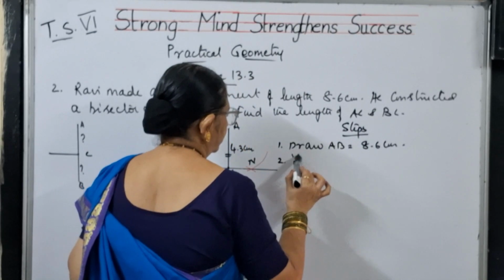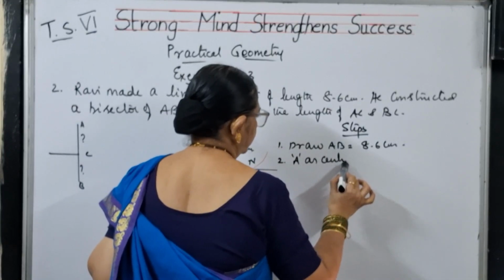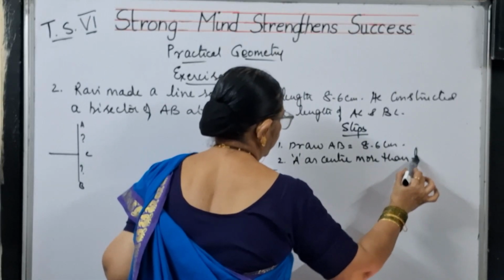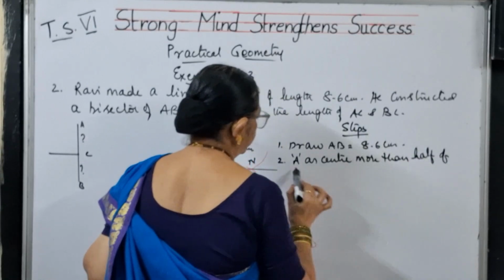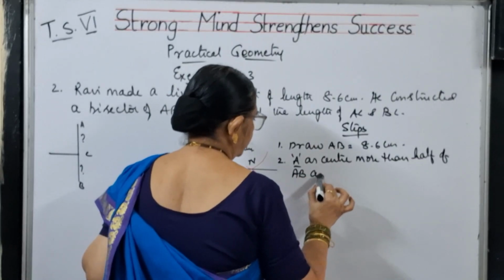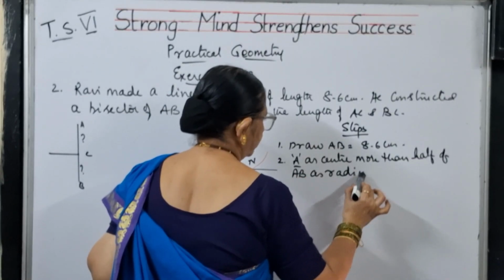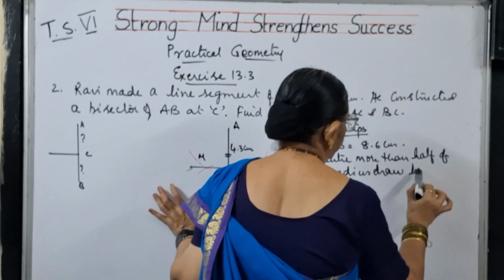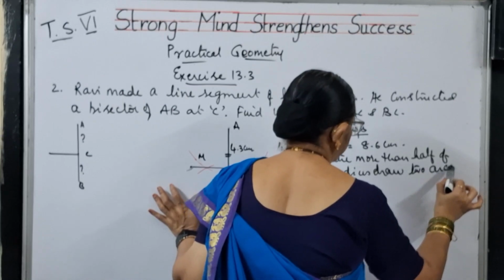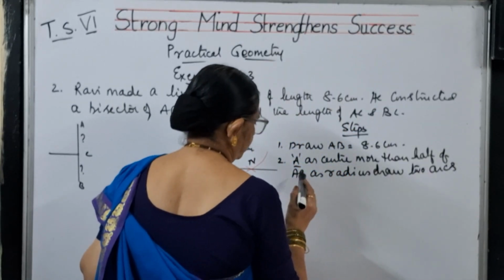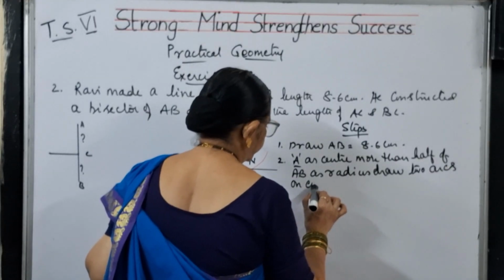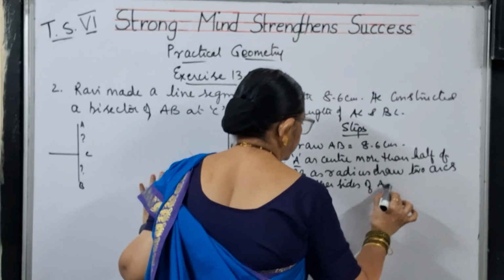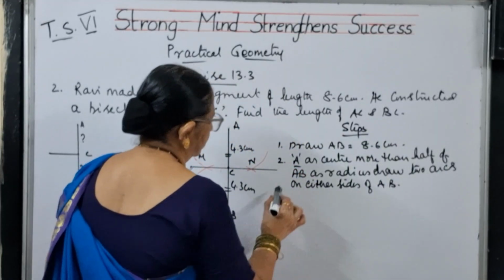Second, A as center, more than half of AB as radius, draw two arcs on either side of AB.